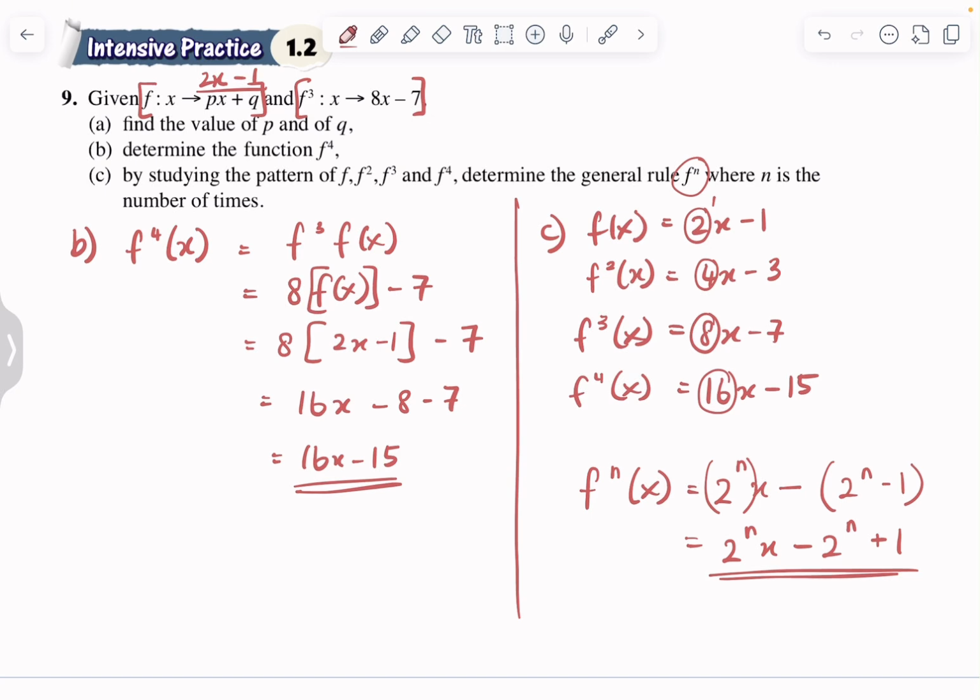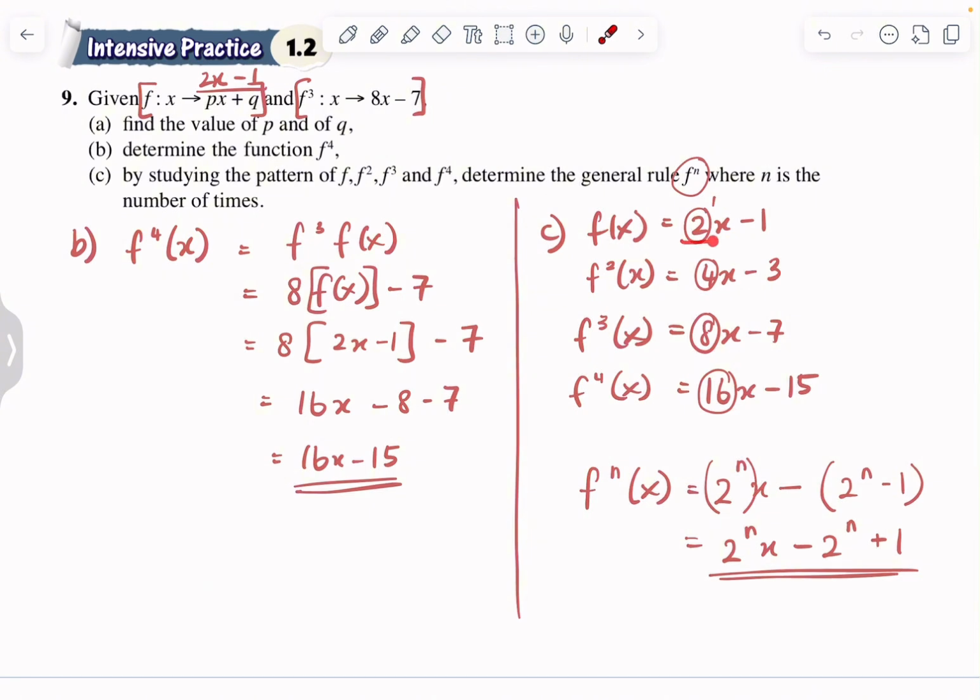So if you got f power 1, you just put it into this n, you will get the function for f1. You want to find f4, you put it into the n, you can find f4. If you want to find f20, you put it into the n, you can find f20. Okay, this is how you study. So the patterns, you must be able to recognize all these numbers.